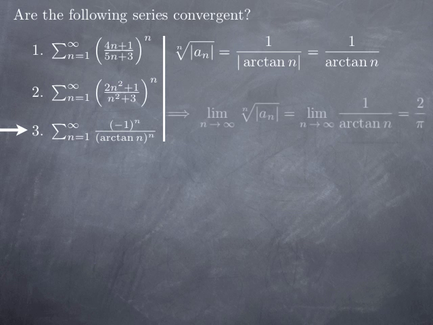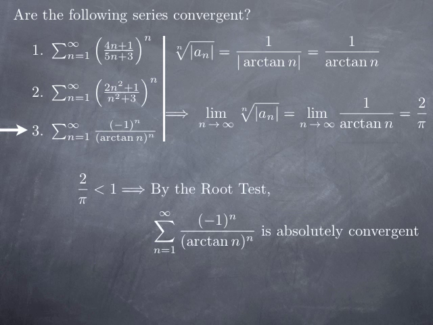And so, because the limit of the arctangent function at positive infinity is pi over 2, the limit as n goes to infinity of the reciprocal of arctangent n is the reciprocal of pi over 2, 2 over pi. And pi is greater than 2, therefore 2 over pi is less than 1. And therefore, by the root test, we can conclude that our series is absolutely convergent.